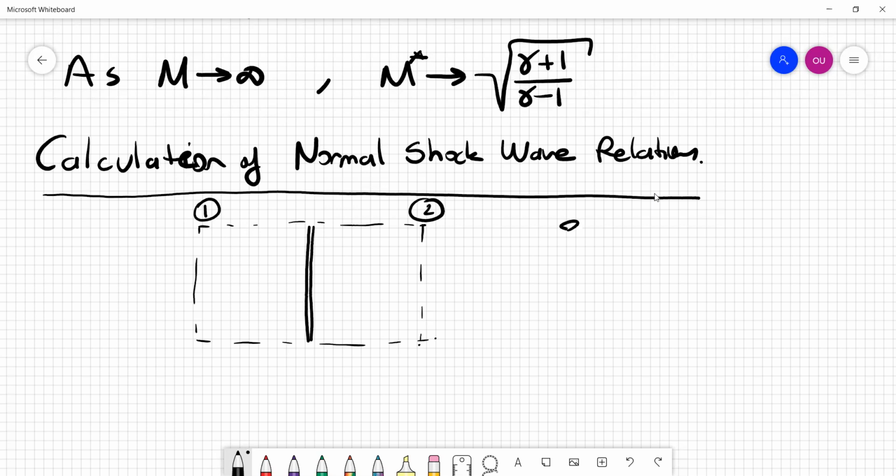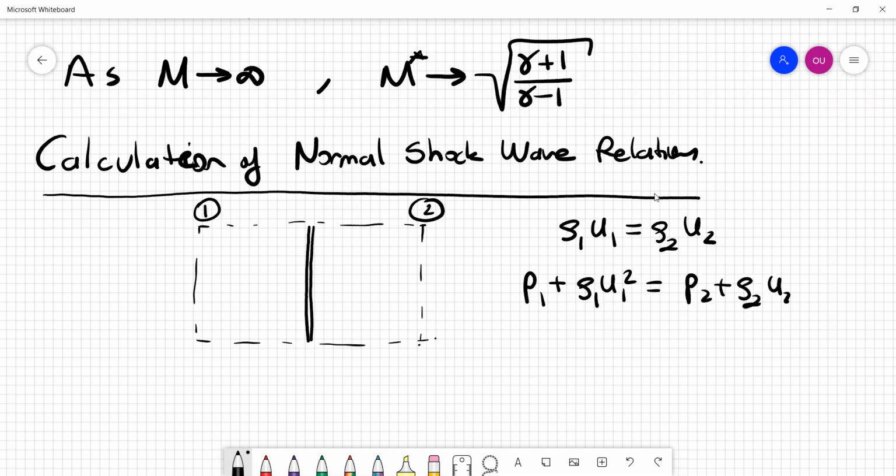From conservation of mass, we got ρ1 u1 equals ρ2 u2. From conservation of momentum, we got P1 plus ρ1 u1 squared equals P2 plus ρ2 u2 squared. And from conservation of energy, h1 plus u1 squared over 2 equals h2 plus u2 squared over 2. We got these before when we did the control volume analysis.